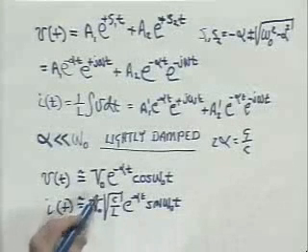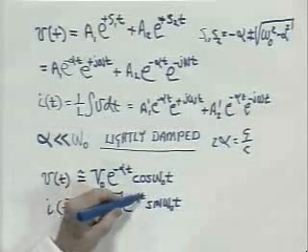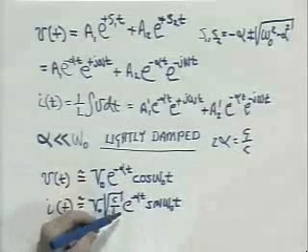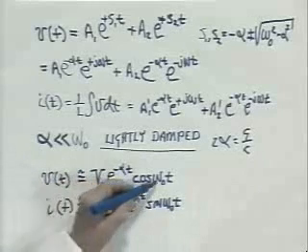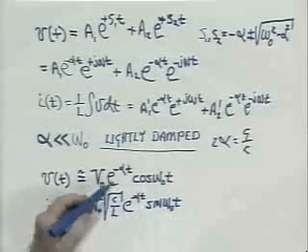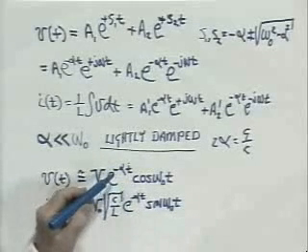Notice that the exponential e to the minus alpha t, which affects both the current and the voltage, provides an envelope, if you will, which gradually attenuates the cosine or the sine function as time goes on. E to the minus alpha t, you're familiar with that. It's a decaying exponential.